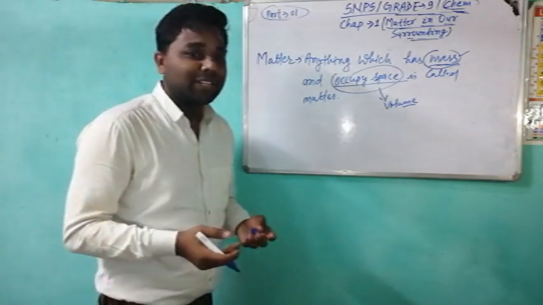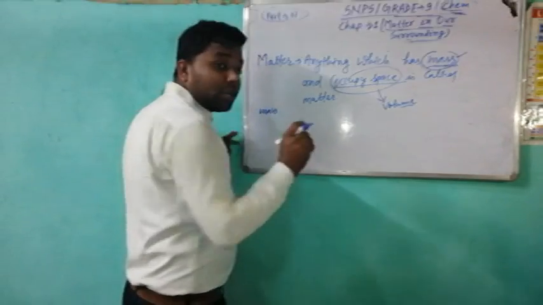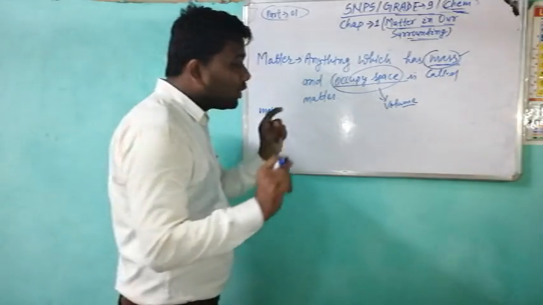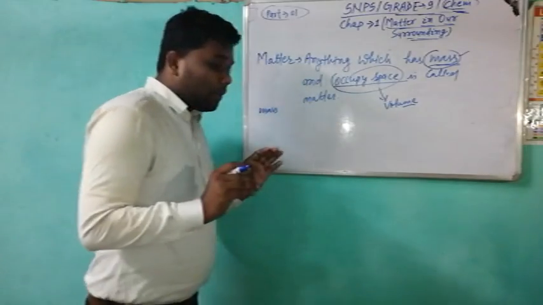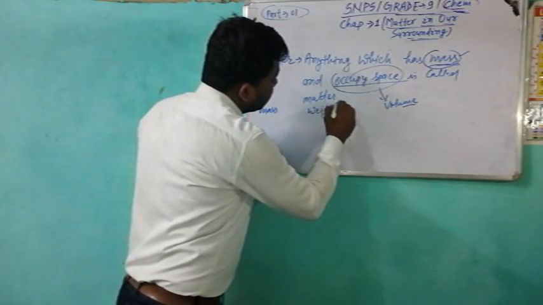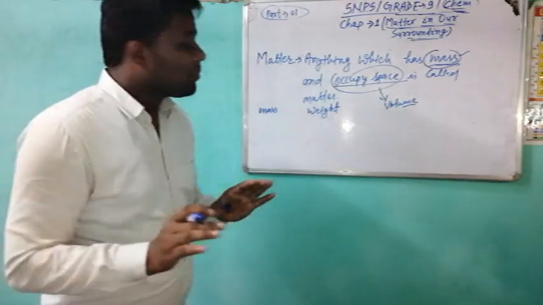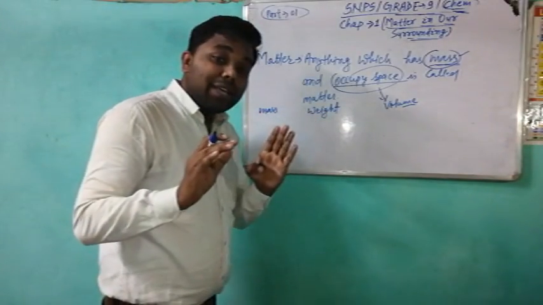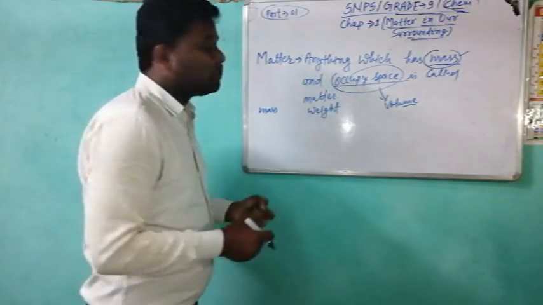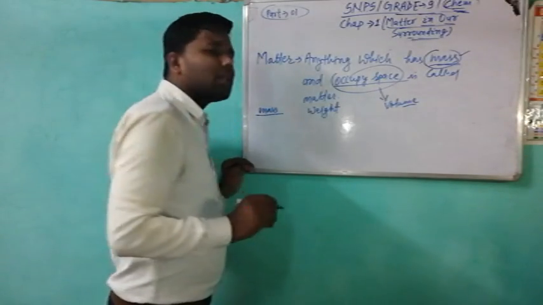Sometimes we think that mass and weight are both the same quantity, but this is not so. Mass and weight are very different from each other. How? I'll show you.